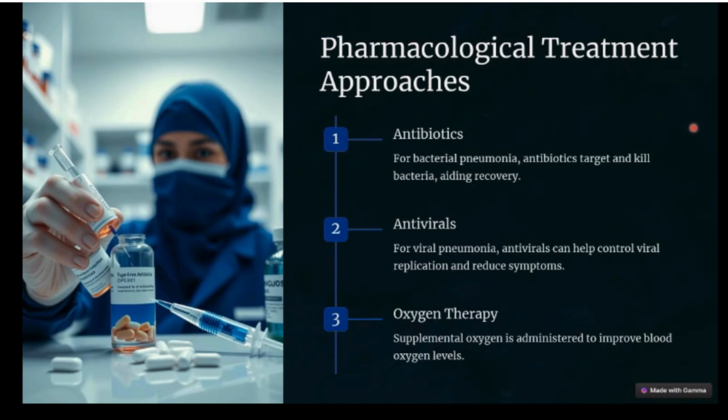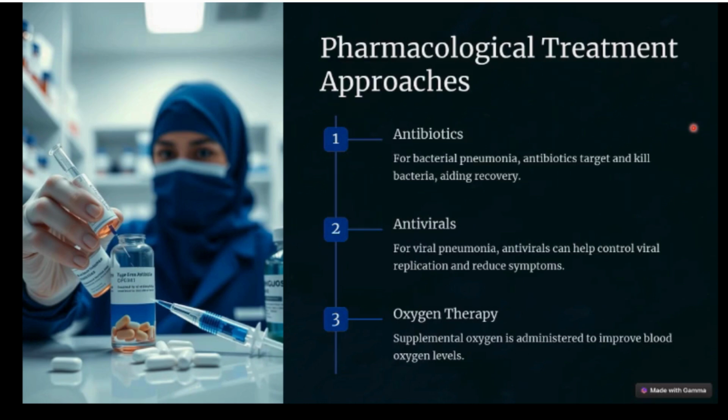So we'll focus now on the pharmacological treatment. The treatment of pneumonia depends on the underlying cause, bacterial, viral or fungal, and the patient's overall health condition as well. So the general approach I am going to discuss is antibiotics for bacterial pneumonia: penicillin, macrolides, cephalosporins, fluoroquinolones are commonly prescribed depending on the bacterial strains.